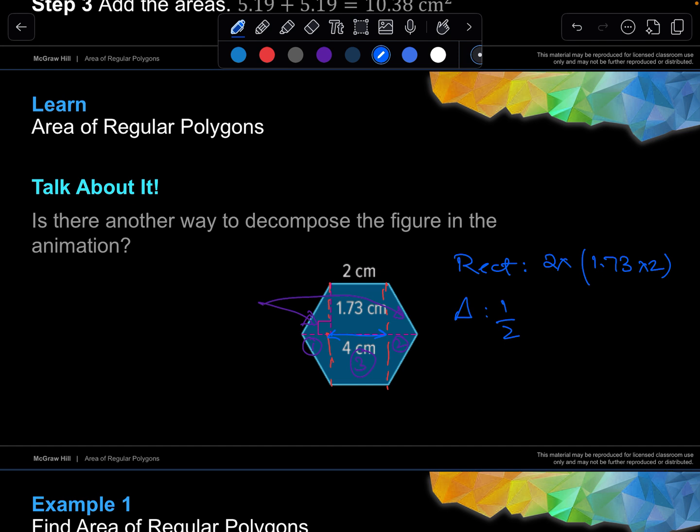Since they are congruent, each of those would be 1 centimeter. Half times height times base is 1.73 times 2. And if you solve this, you will see that it works out to the same total area if you add them up.